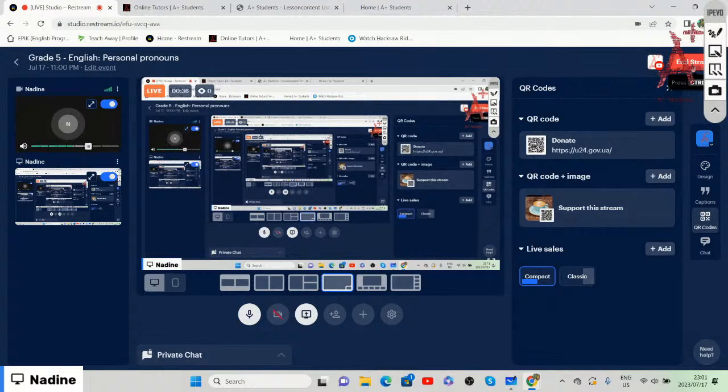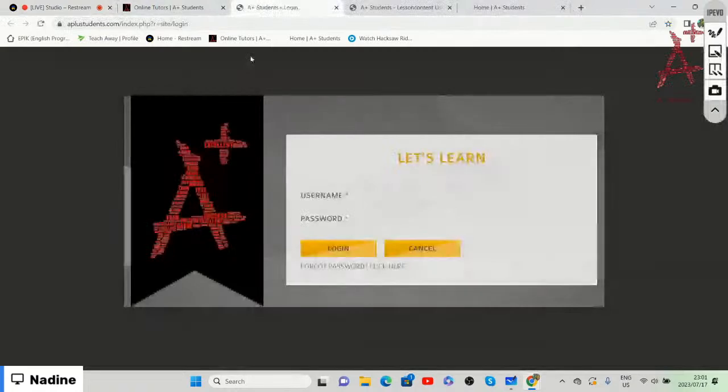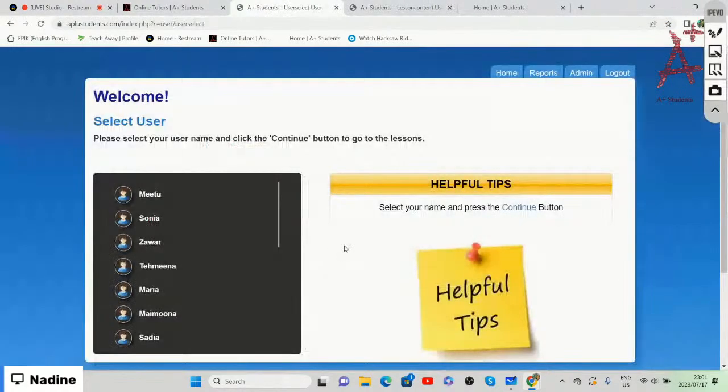log into a+students.ca. Once you've logged in, or once you're on a+students.ca, you're going to log in with your username as well as your password.